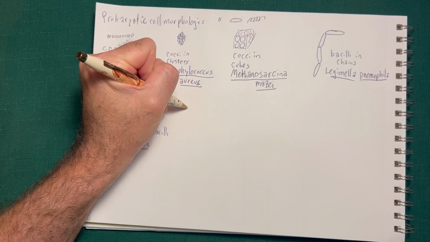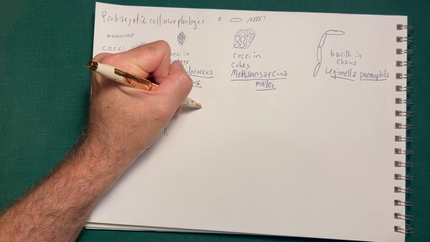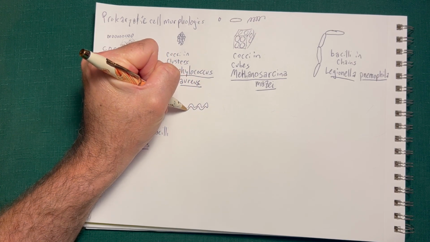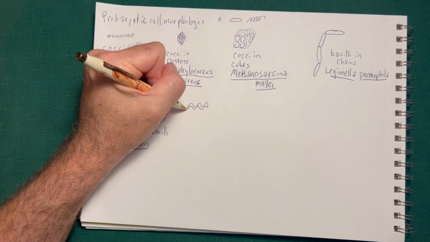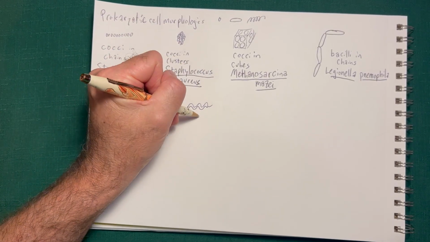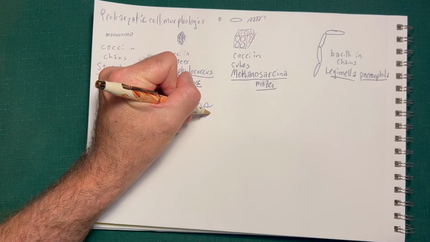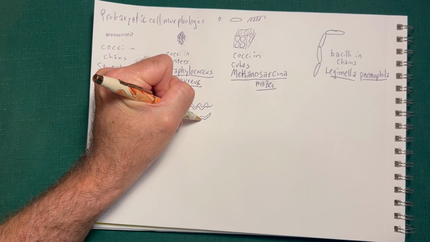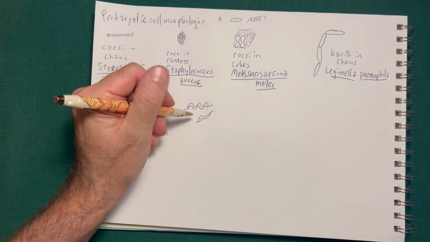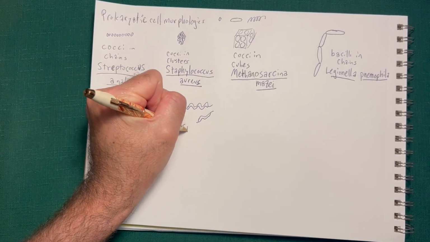Now, you may remember that sometimes it can be kind of corkscrew shaped. And these are your typical spirilli.